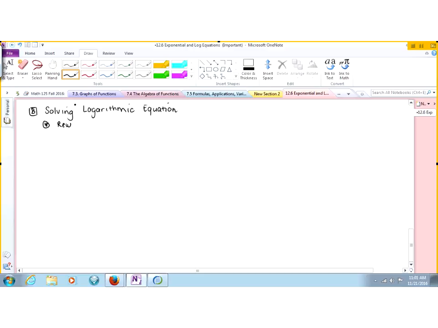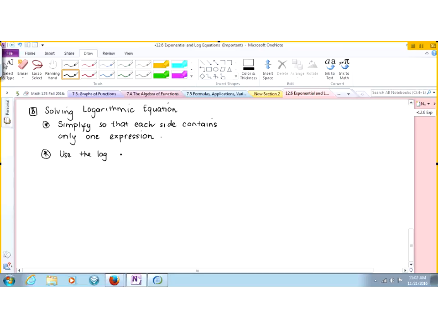Well, actually, we have to simplify first, so that each side, left-hand side and right-hand side, contains only one expression. So each side has to contain only one expression, either a number or a log expression. And the second one is use the log cancellation property.